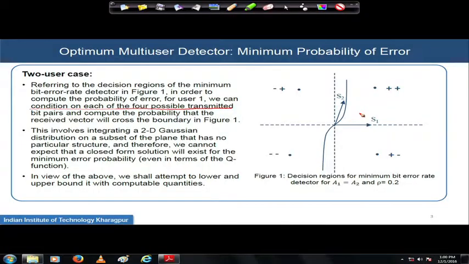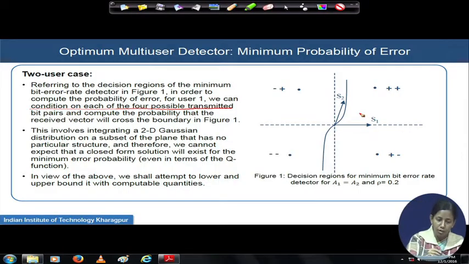But a better approach is to find the lower and upper bounds of that expression, such that you can understand that the performance of such detectors will be bounded by this region. So, the error probability can never go beyond these levels, or be improved below this level. So, we will try to find the upper bound and lower bound now.